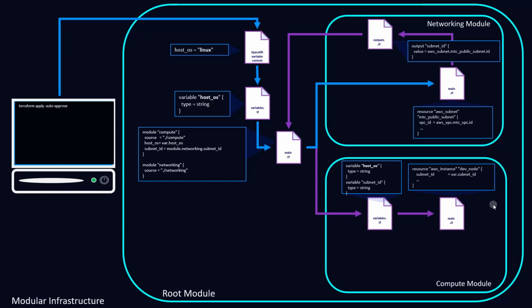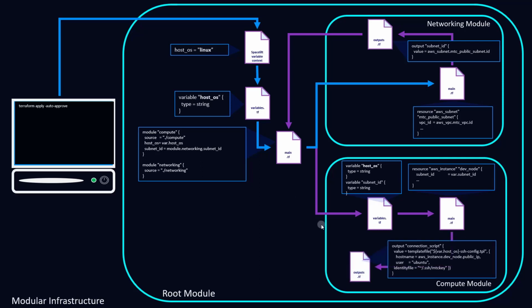Now, this whole process is very useful. If this is difficult in the beginning, it is very beneficial to just draw things out. So after that, we need to still use our host OS, which is actually found in our output. So the output of our connection script is actually a template file, and that template file needs the host OS to determine which SSH config file to use. So in this case, it would be linux-ssh-config.tpl.